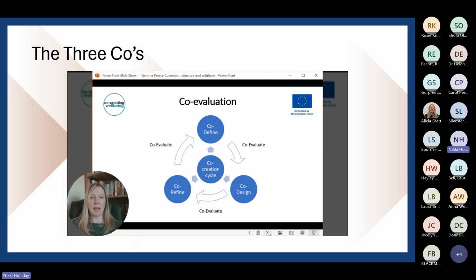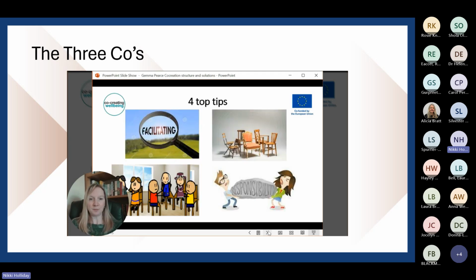And so you can see here how evaluation is embedded within the 3 COs framework. But it's important to really think about what that co-evaluation is going to be throughout the process, and really thinking about that at the co-define phase at the beginning. And evaluation can be done throughout the process as well as at the end. So that's worth bearing in mind.